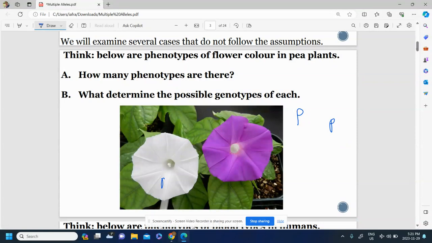Well, this would be little p over here, and this could be big P, or it could be big P. We're not sure which one it is, but it could be any one of those, and we're assuming complete dominance here, okay? Now, in this scenario, we only have 2 alleles. We have the purple allele and the white allele, 2 versions of that gene.